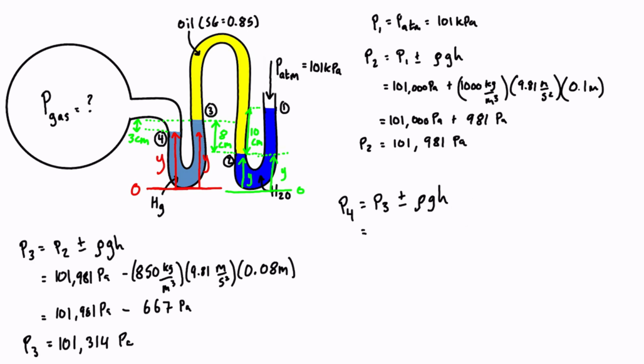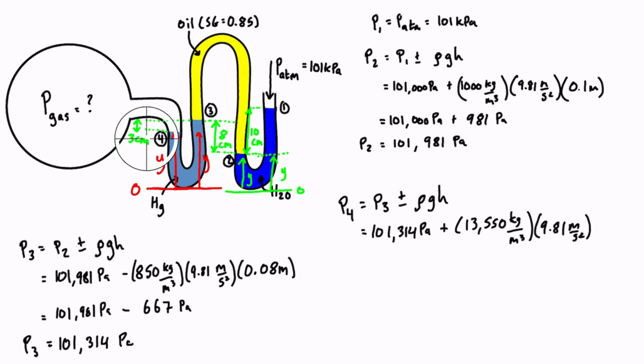So let's proceed with our equation. P4 is 101,314 pascals plus the density of mercury, and I'm going to go with 13,550 kilograms per meter cubed, times acceleration due to gravity, times the height difference, in this case 3 centimeters, so 0.03 meters.